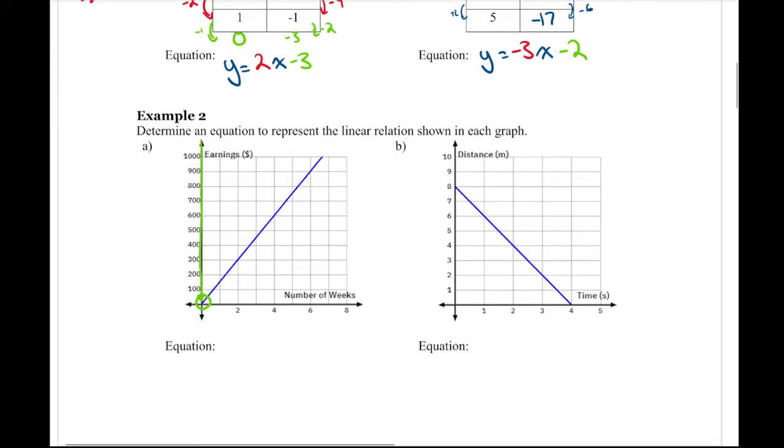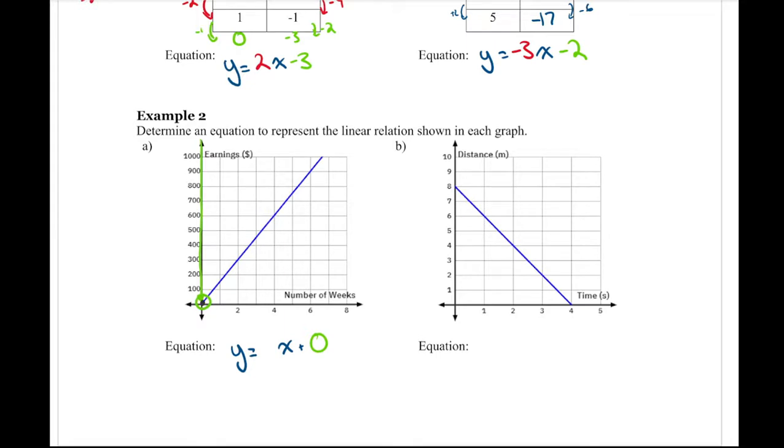So I know my equation is going to be y equals something x plus 0. Or in this case, I don't even need to add that 0 in. I'll leave it in there for now. To figure out the m value, I need to figure out some nice points.